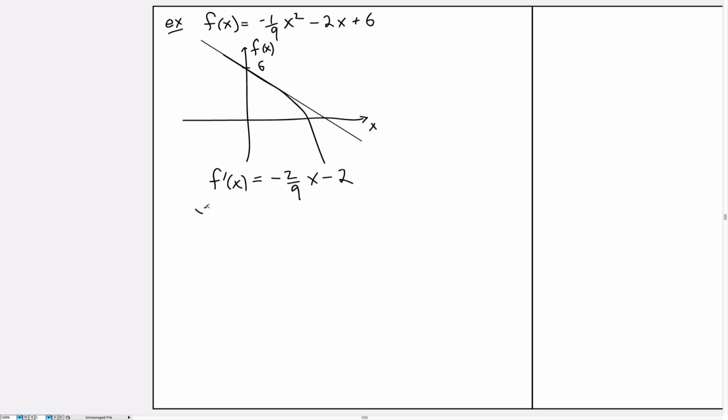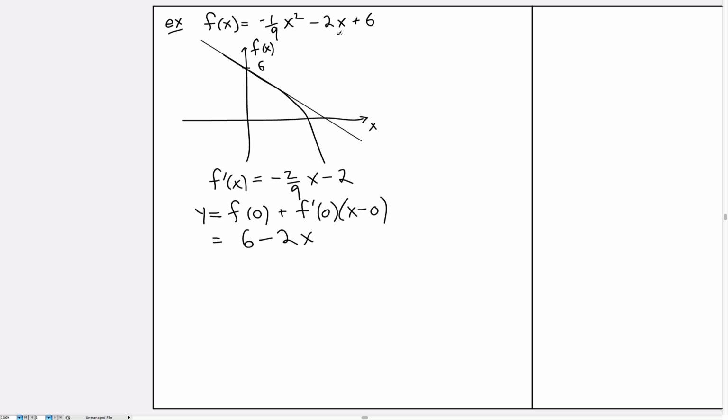Now we can calculate the tangent line of the function around x equals 0. The general formula would be f of 0 plus f prime at 0 multiplied by x minus 0, which of course is just x. When we plug in x as 0, we get 6. The derivative at the origin would be 0 for the first term, and we're left with just minus 2. So it's minus 2 times x minus 0, which is just x.